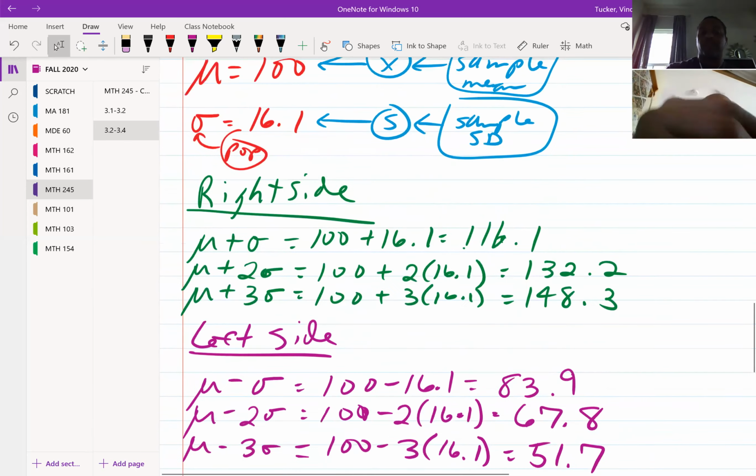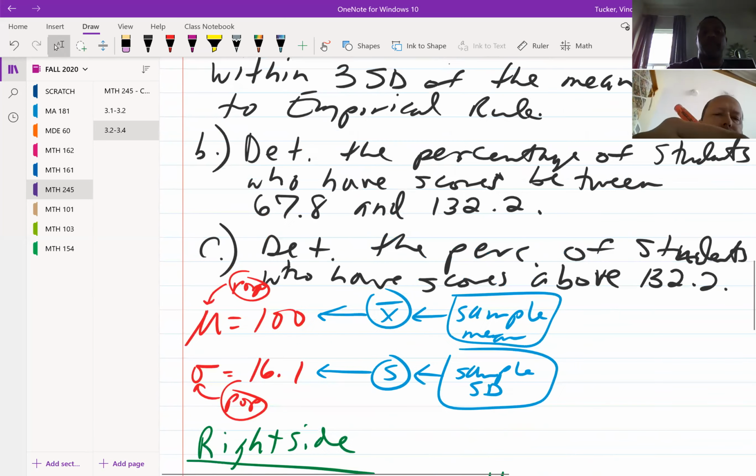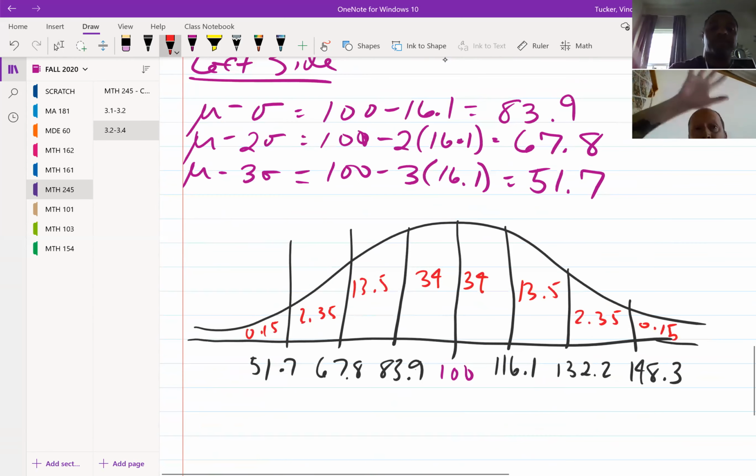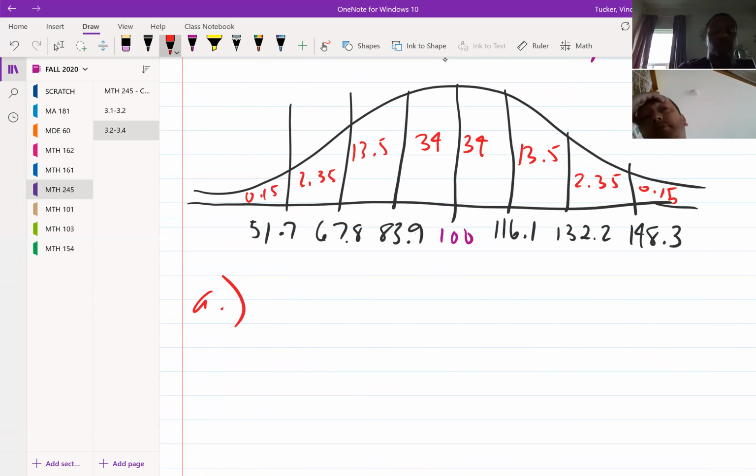So let's go back to question A. Determine the percentage of students who have IQ scores within 3 standard deviations of the mean according to the empirical rule. Well, this one, whether we filled out the chart or not, according to the empirical rule, that would be 99.7%.